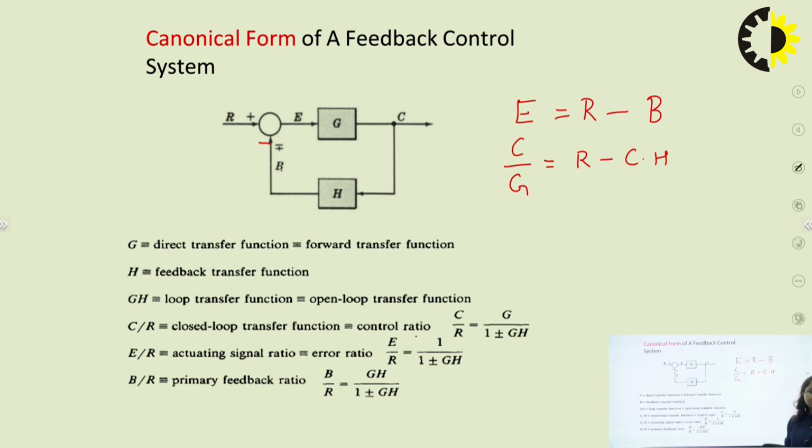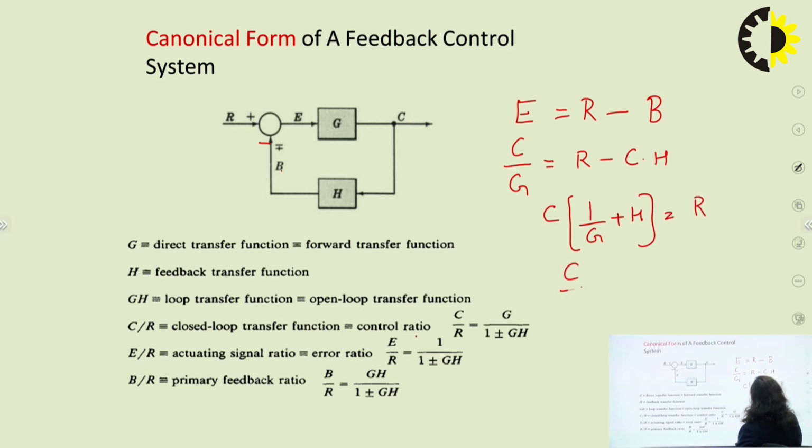We can rearrange these values to generate C in bracket 1 by G plus H is equal to R, or we can say that C by R, that is output upon input, which is called gain or transfer function, is equal to G upon 1 plus GH.